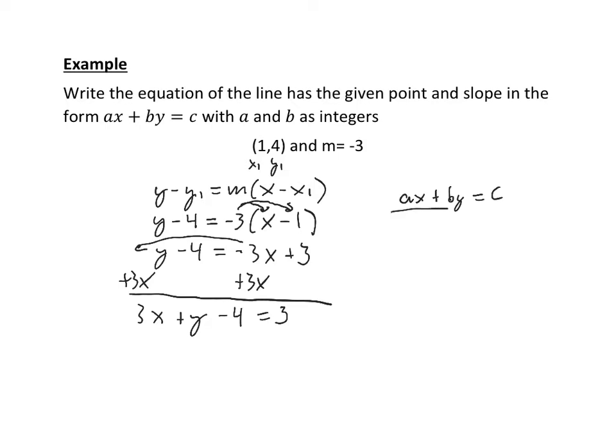Since I want it to be ax plus by equals c, I only want x's and y's on the left side. So we add 4. 3x plus y equals 7. Now it's a number times x plus there's really an invisible 1 in front of y equals 7. This is the form that we're looking for.